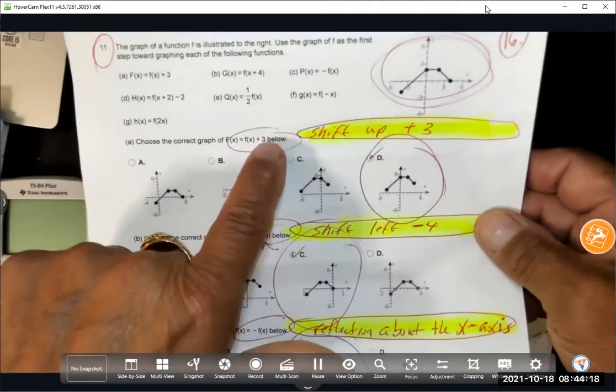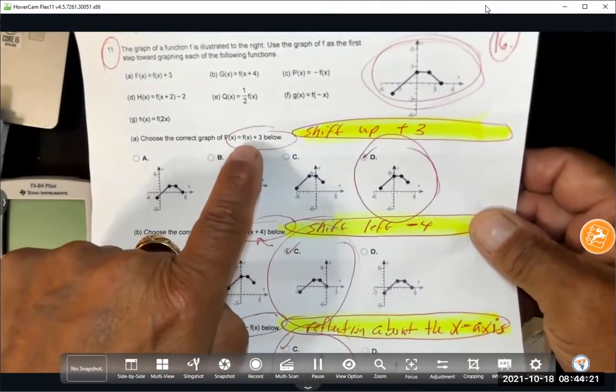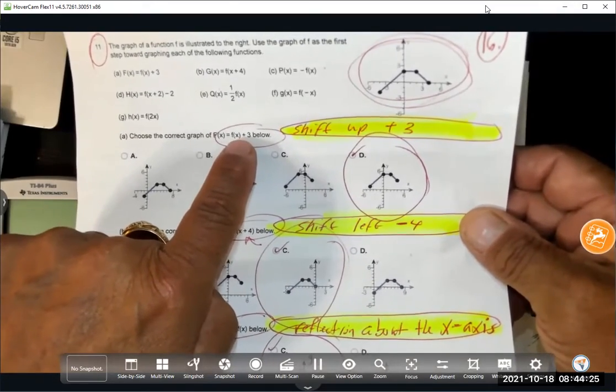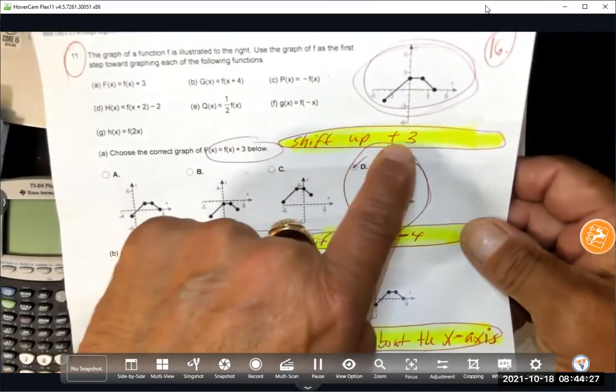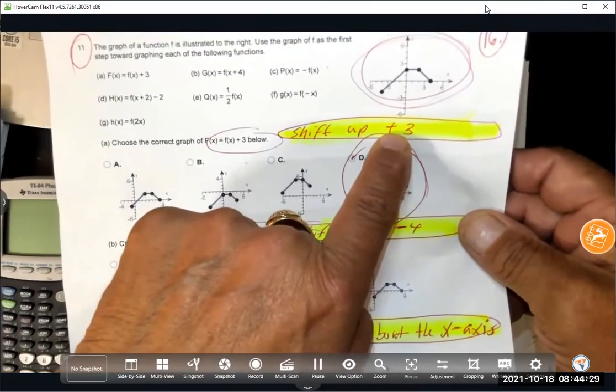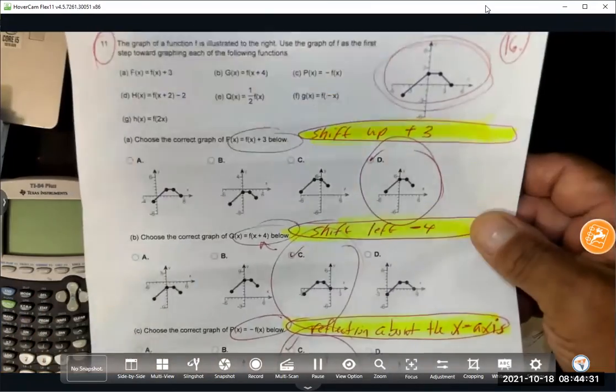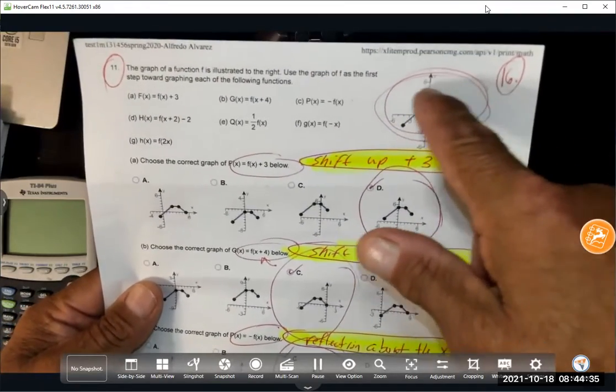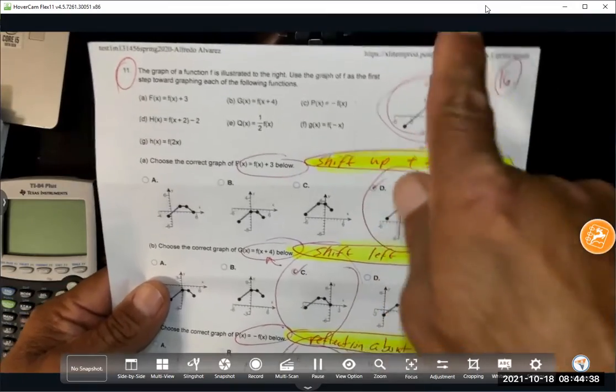Here's what you're looking at. See my finger right here? F of x plus 3 on the outside. So this picture is going to go what? Up 3 spaces. Okay. So if I look at this picture, here's the original graph, and it's going to go up 3 more spaces.